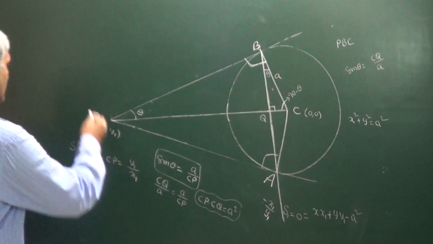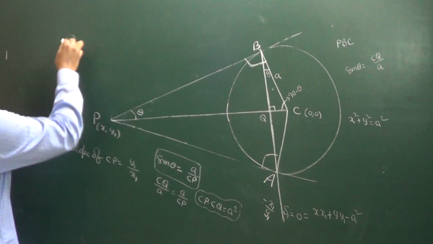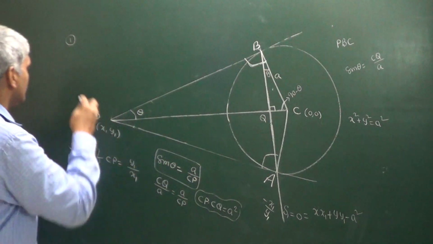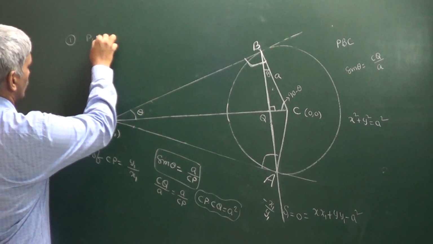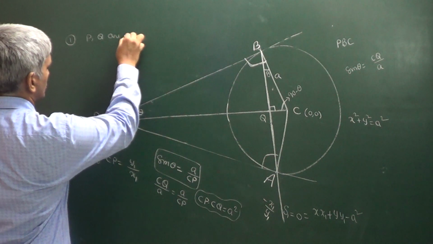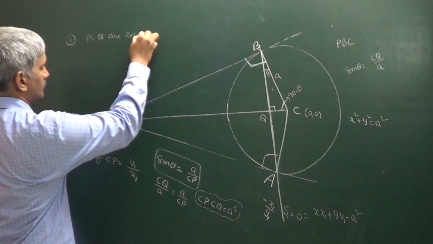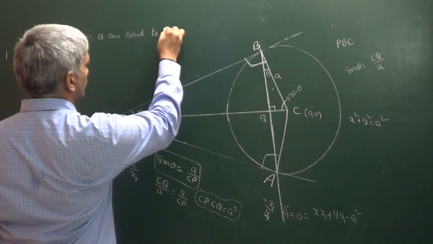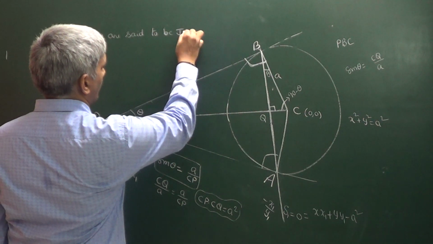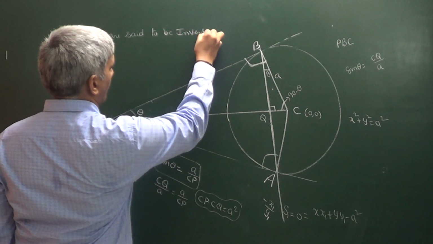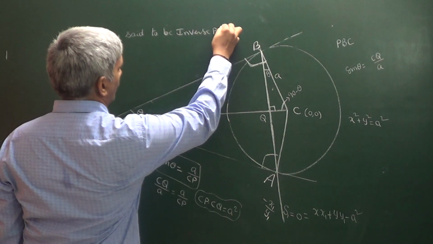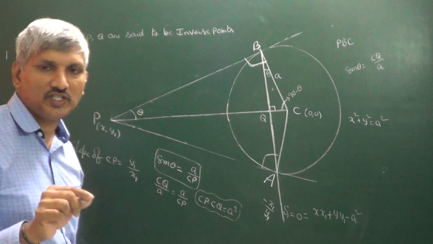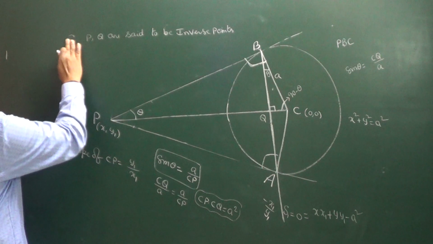So this is the particular point. We can say P comma Q are called inverse points. P comma Q are said to be inverse points of a circle S is equal to 0 if it satisfies the following three conditions.